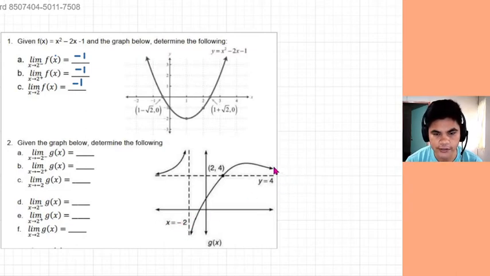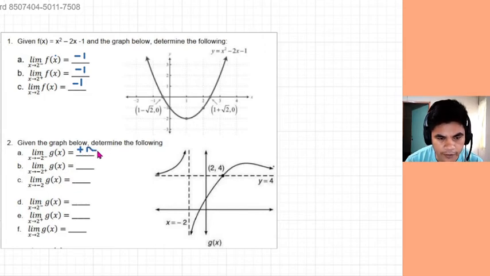So as x approaches negative 2 from the left, we'll start here from the left. So from the left as x approaches negative 2, the answer is positive infinity.